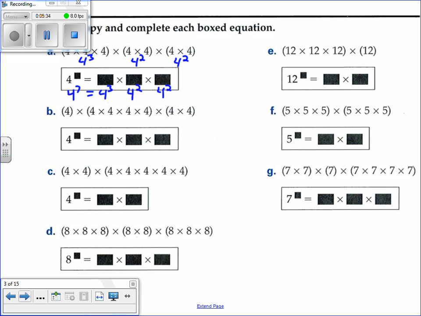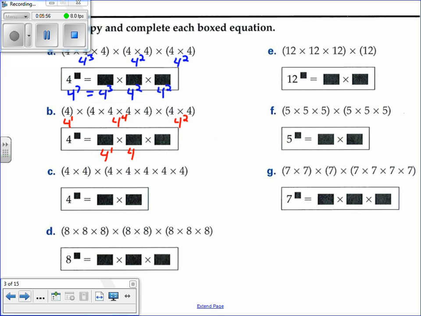Okay, moving on to B. Our first set of parentheses is just one 4, so that's 4 to the first. Our next set of parentheses is 4 times 4 times 4 times 4, 4 to the fourth. And our last set, 4 times 4, is 4 to the second. So I put these in the boxes again.